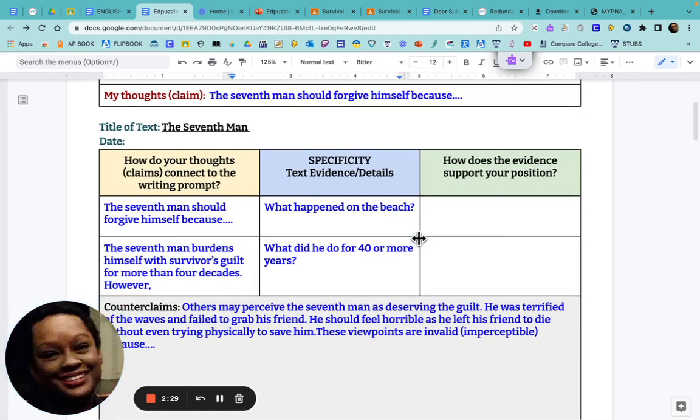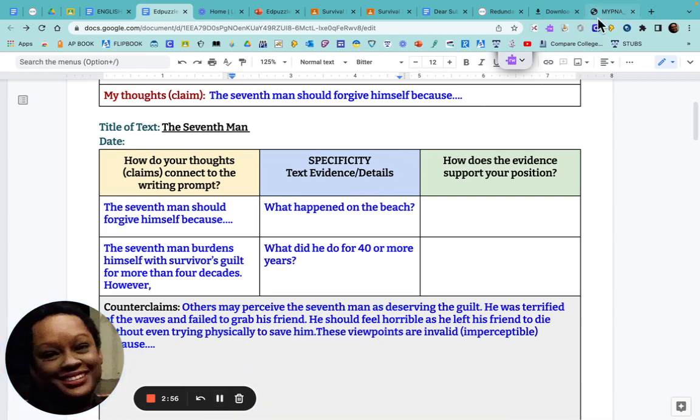All right, so let's look at how you are supposed to do the column and the rows. In the first row, you are going to connect your thoughts to the writing prompt. So right here, the seventh man should forgive himself because, and you need to tell me why. How am I going to tell you why? You tell me by telling me what happened on the beach.